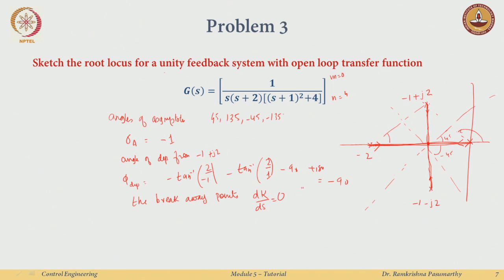Okay. So, this means I will of course have one breakaway point at minus 1, and I will also have breakaway points at minus 1 plus minus j1.22. So, this is 2, this is 1. I am having breakaway points even here, something more interesting happening.